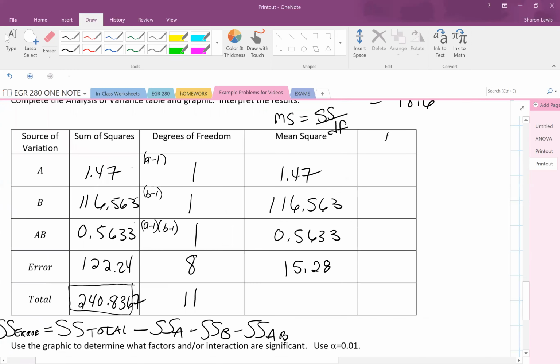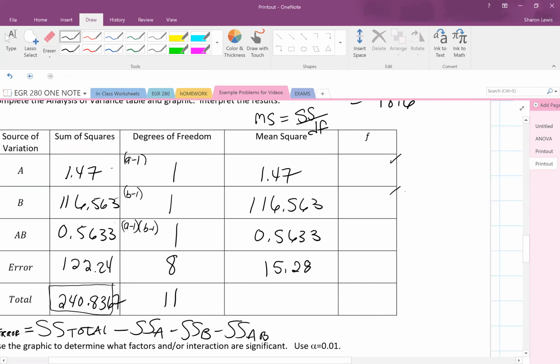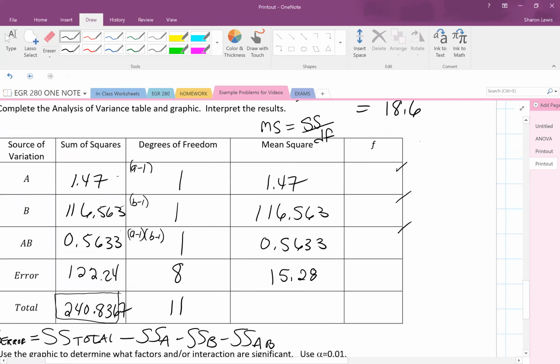So the only thing that remains then is for us to calculate the F values for our factors and interactions. And so F is equal to mean square of the factor divided by mean square error. Mean square of factor B, mean square error. And then the mean square of the AB interaction, mean square error.